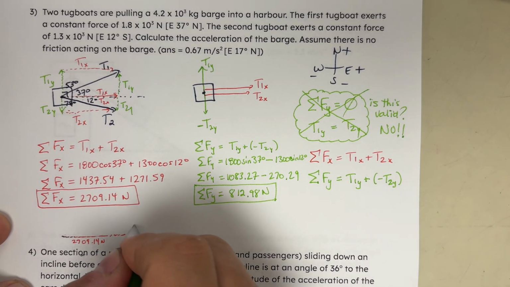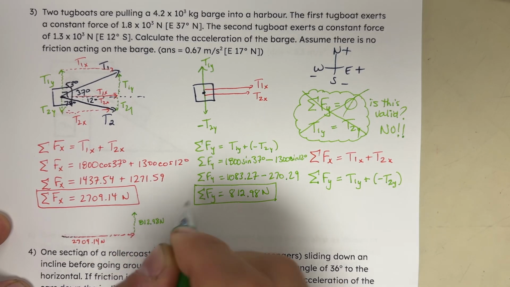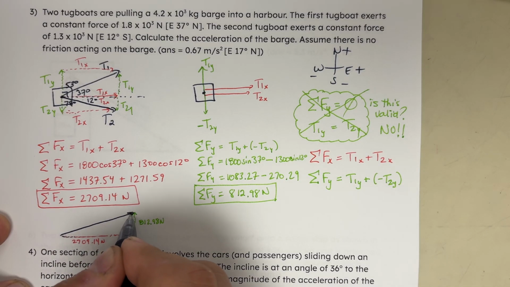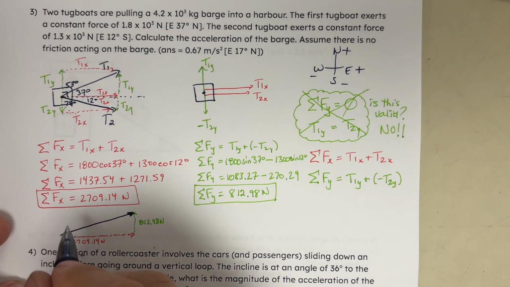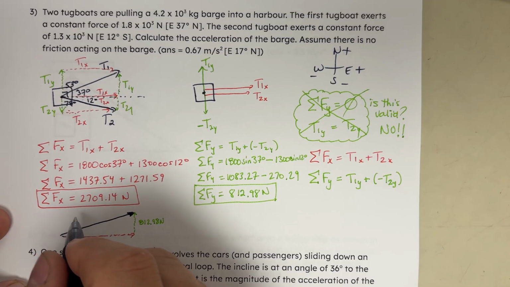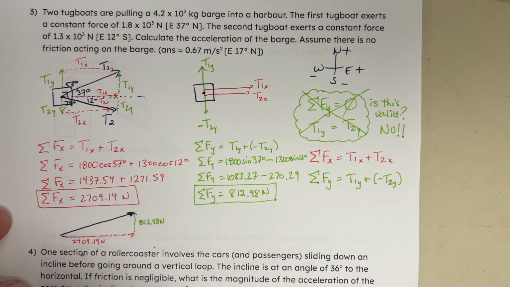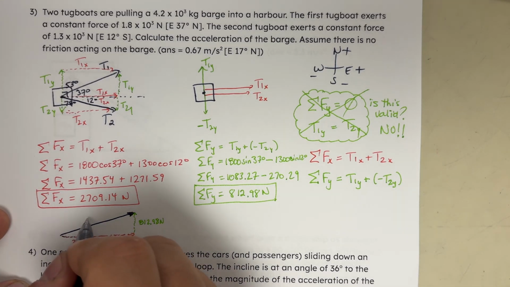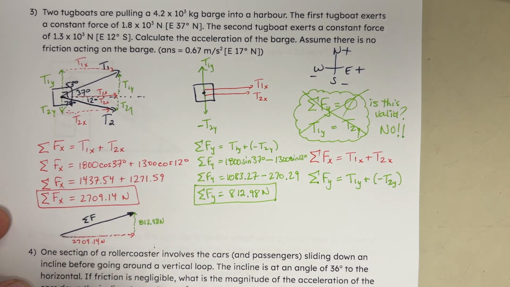And then we're going to go up 8, 12, 98 newtons. And therefore, the actual path of this, which is the path of the actual barge itself being pulled behind these two, will look like this. And this is where we're going to use Pythagorean for our F net.